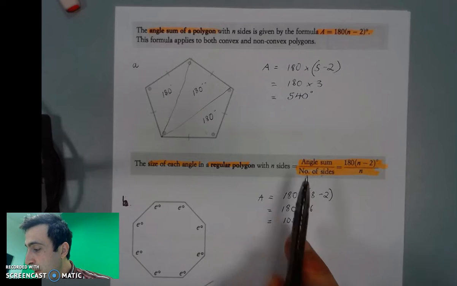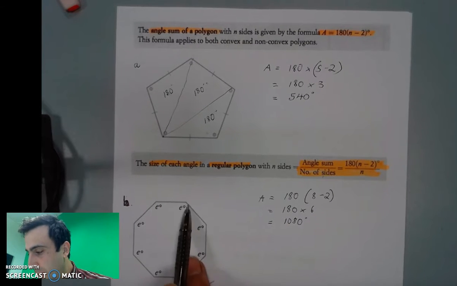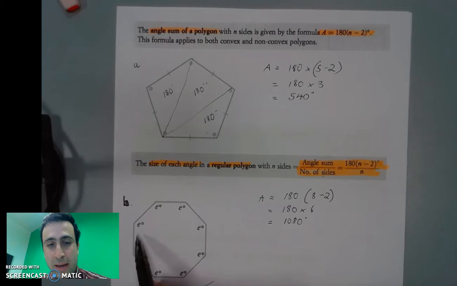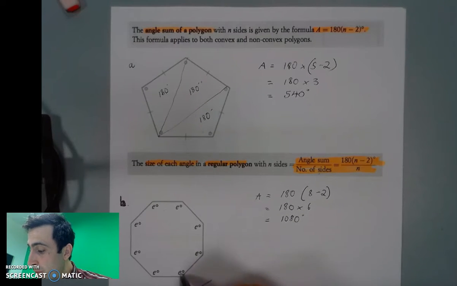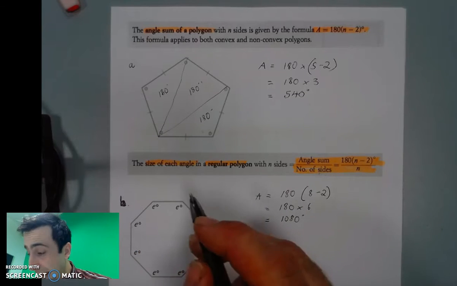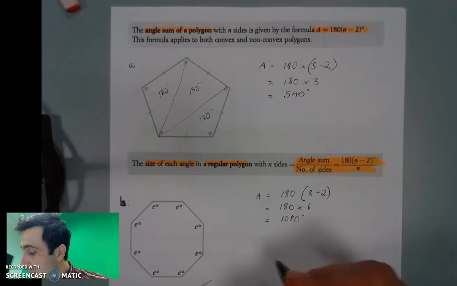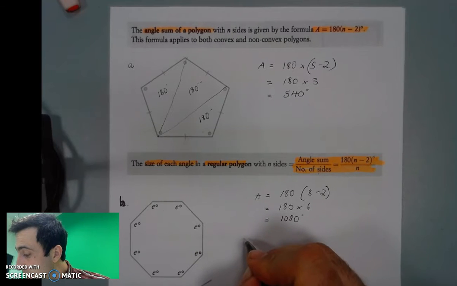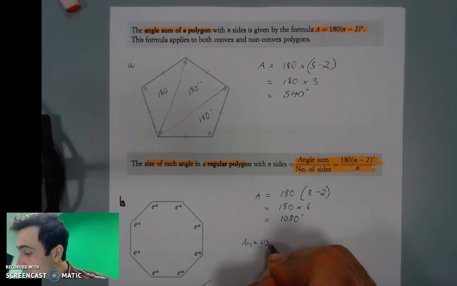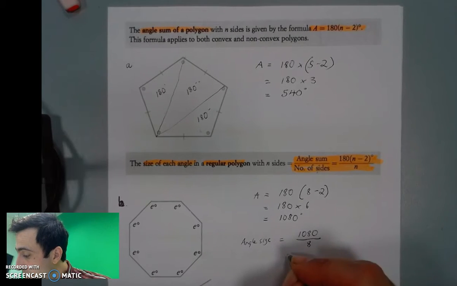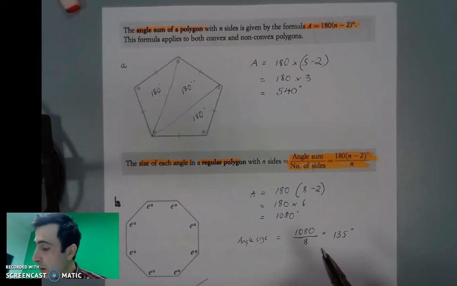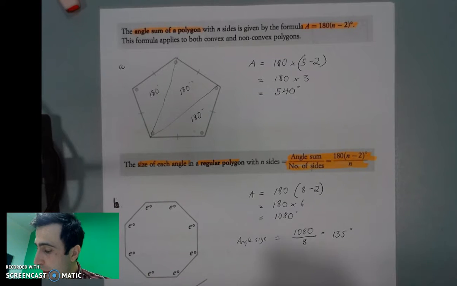And so if we want to figure out the size of each angle, we know in total it's going to add up to 1080. And now we have to divide it by 1, 2, 3, 4, 5, 6, 7, 8 angles. So the angle size is 1080 divided by 8, which, I'm just going to pause to figure that out, equals 135 degrees.